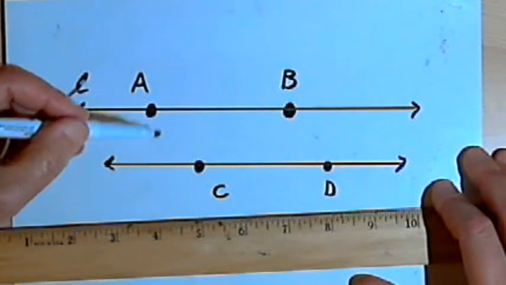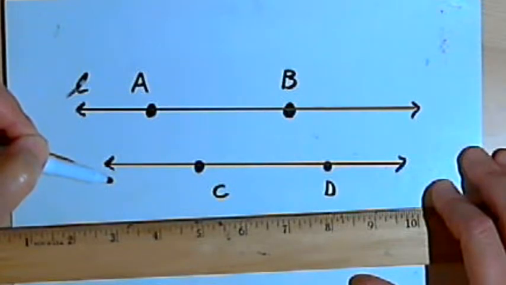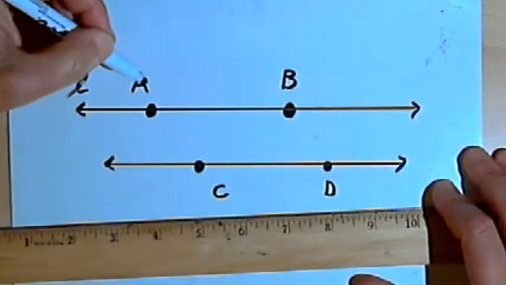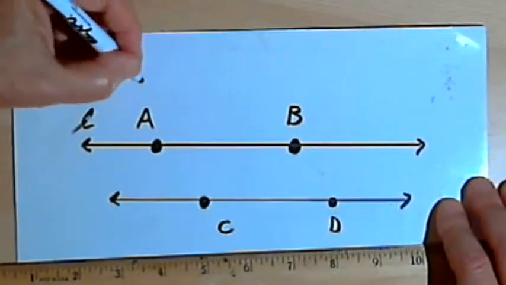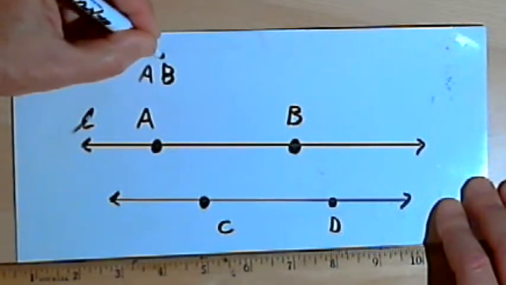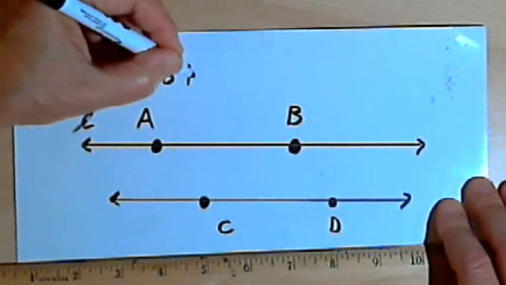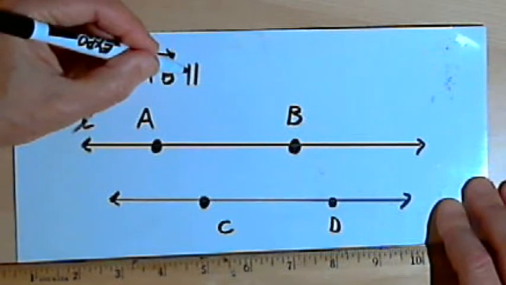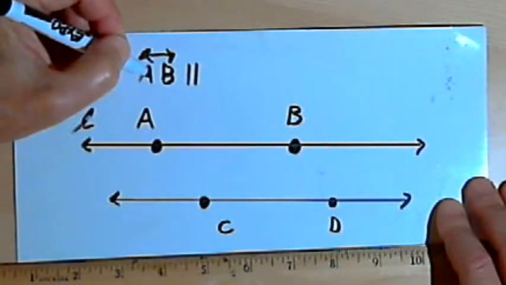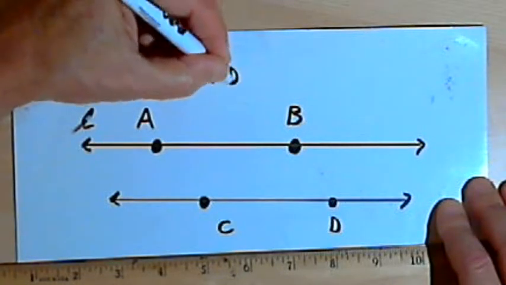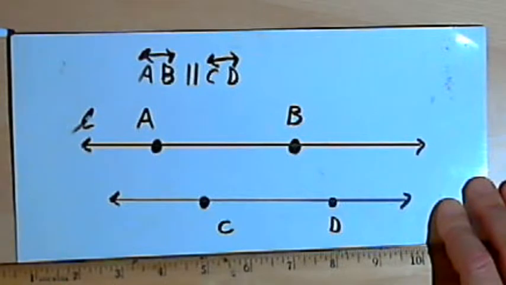They may always be exactly the same distance apart, in which case they'll never touch each other. If that happens, I can use notation to show that those 2 lines are parallel. I can say that line AB, with that double arrow over it, is parallel to, I'll have 2 vertical lines that are parallel to each other. Line AB is parallel to line CD.